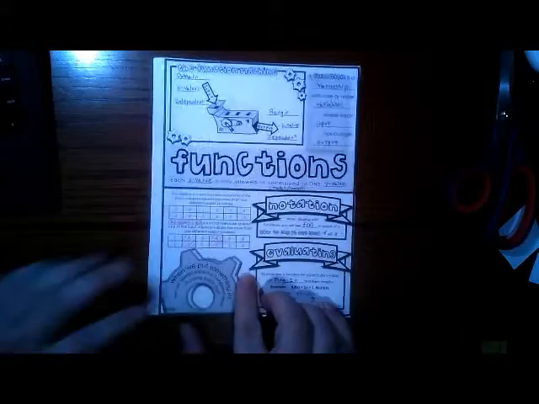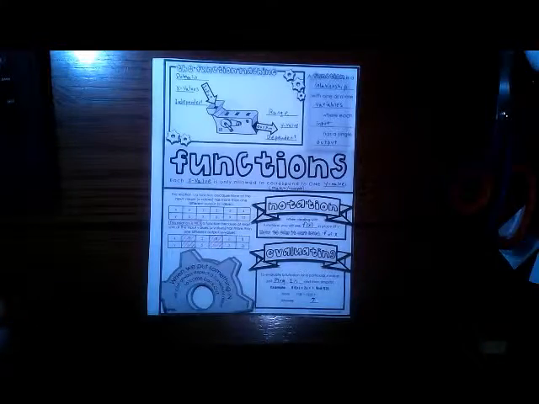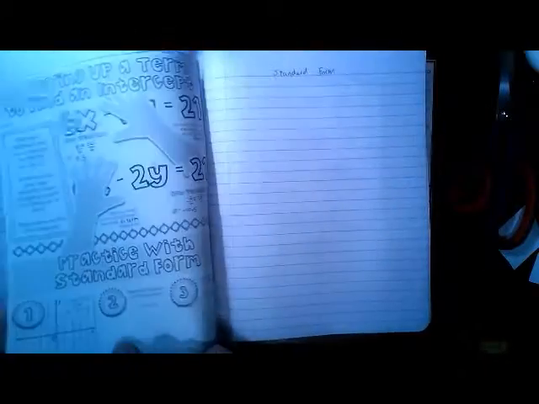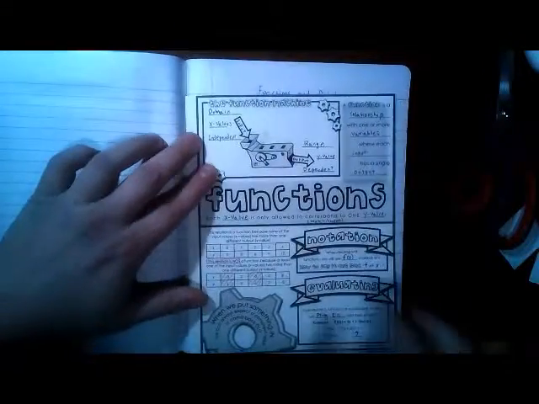Now that you've finished your foldable, your doodle notes, you're going to cut out those margins, and in your book it's going to be just like we did standard form. We just put a piece of tape here so that we could still flip the page and see both sides. We're going to do the same thing for functions and relations.